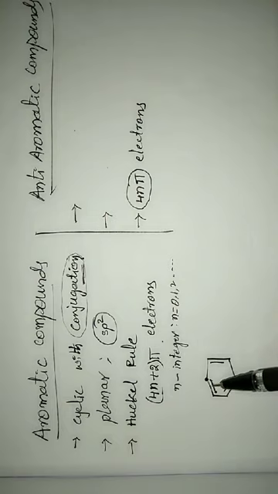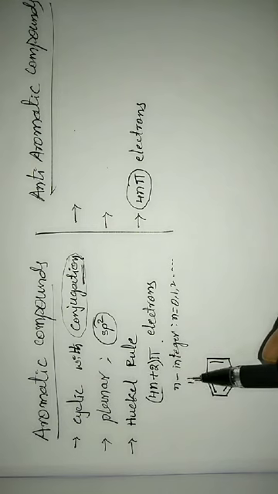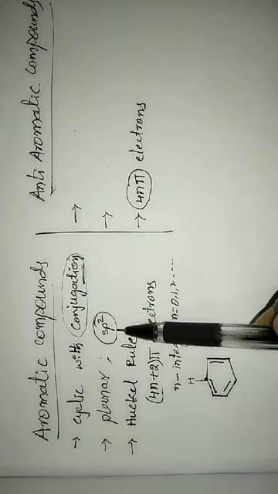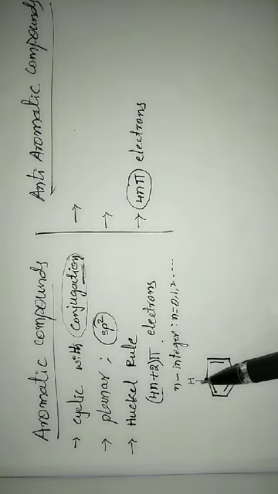Around this carbon there are 3 sigma bonds, including one hydrogen, and 1 pi bond, total 4 bonds. When finding hybridization, we count only the number of sigma bonds and lone pairs, not pi bonds.